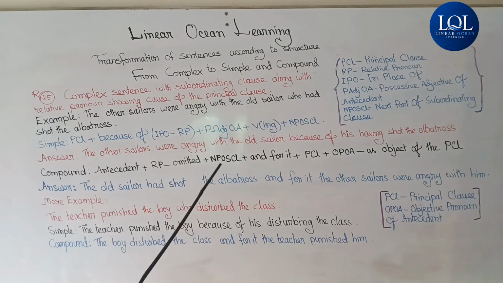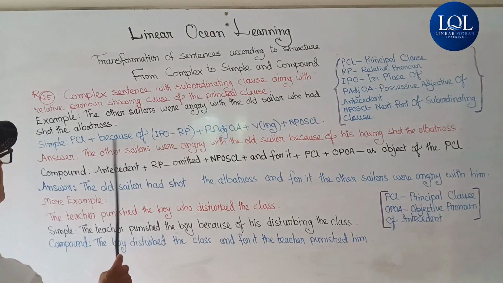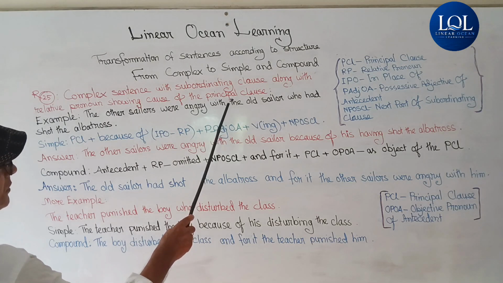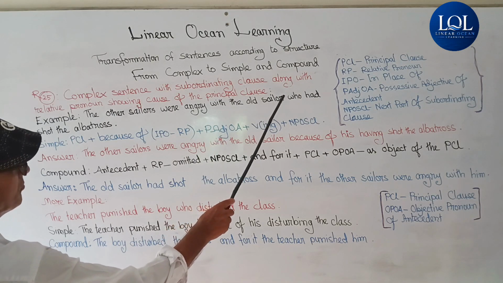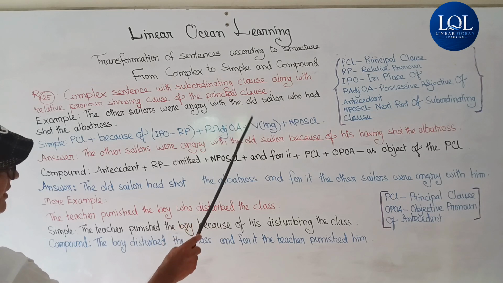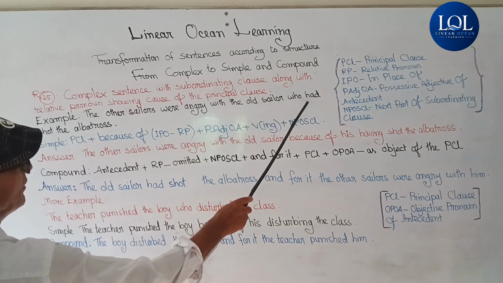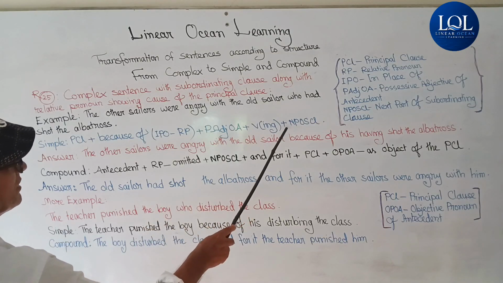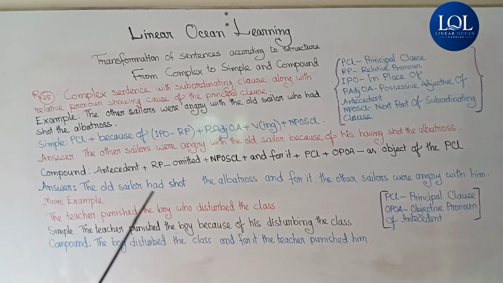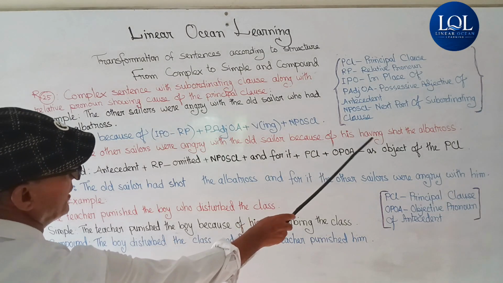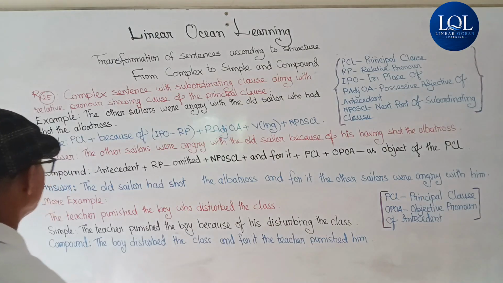After because of we have to write his, and the possessive adjective of the old sailor is his. Then verb-ing, here verb-ing is having shot, plus next part of subordinating clause. The answer will be: The other sailors were angry with the old sailor because of his having shot the albatross.